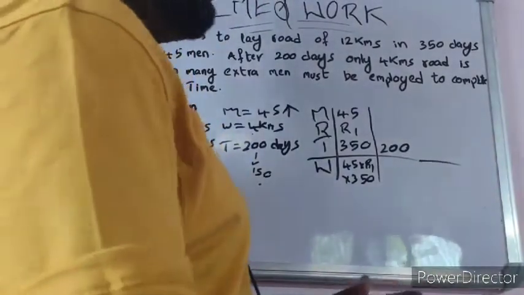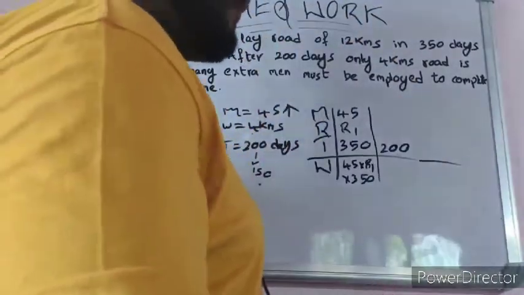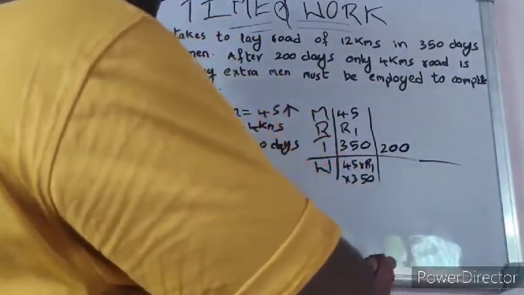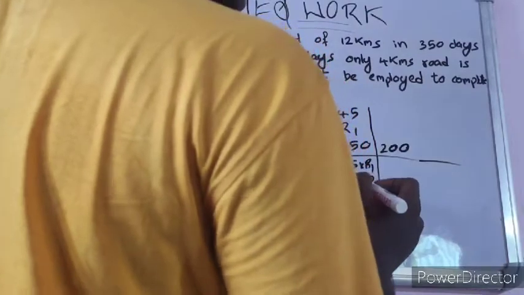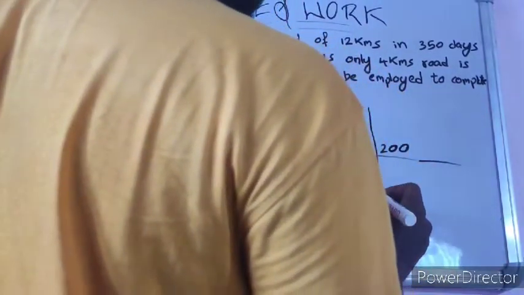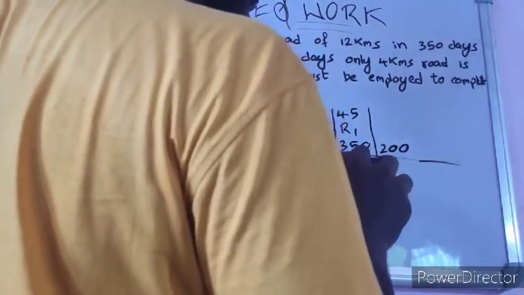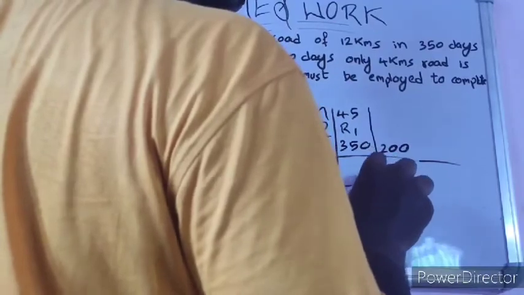In the question it's already mentioned that the work to be done is a 12 kilometers road. So you can get the work done in this way, or you can also write it directly as mentioned in the question, 12 kilometers. We need not use this thing; we will use it in our further questions.